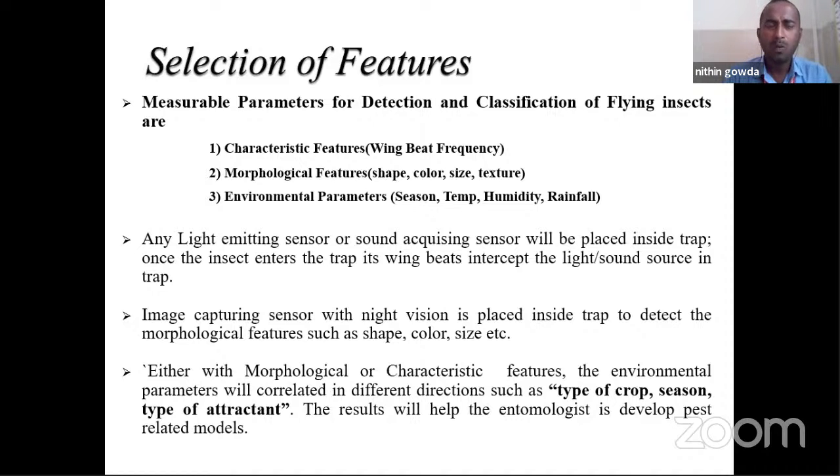Okay, so how can these insects be classified? Please remember one thing. Every individual plant attracts pollinators or harmful insects by a chemical called methyl eugenol.